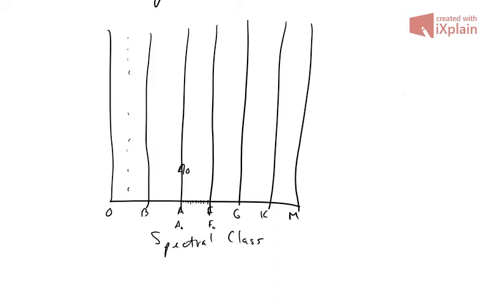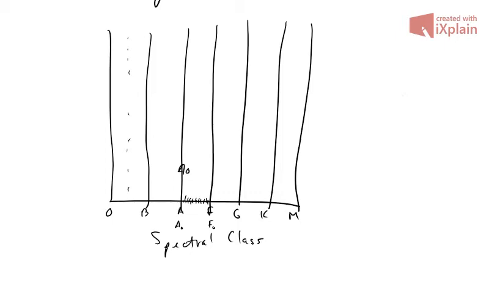So think of it like 1.1, 1.2, 1.3, only it's A.0, A.2. So A4 would be just before the halfway point over here.